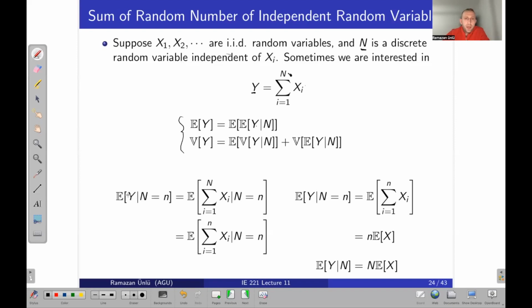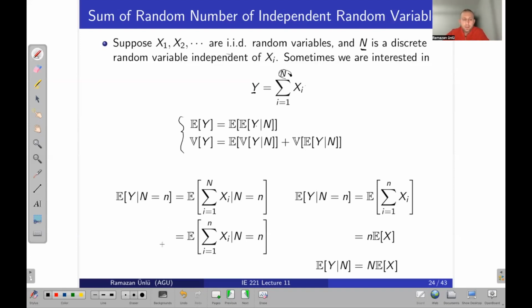Now let's say we don't know how many random variables will be summed. That is not for sure, it's not a constant. It can be any number like 2, 3, 4, 500, etc. So the condition will be based on the number of random variables.